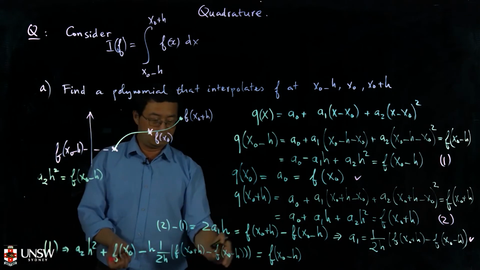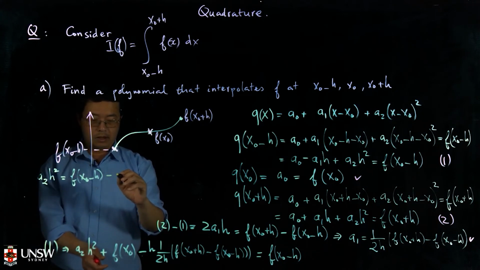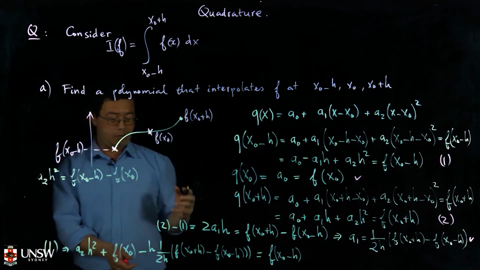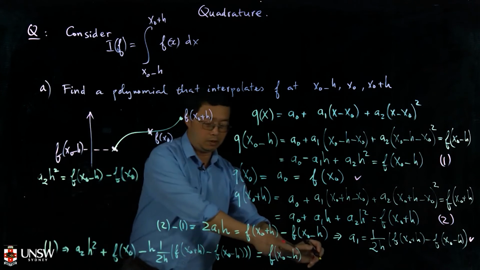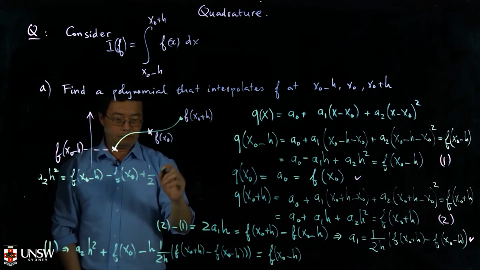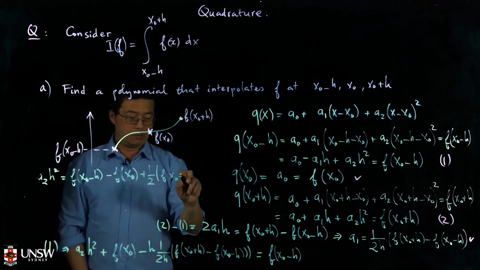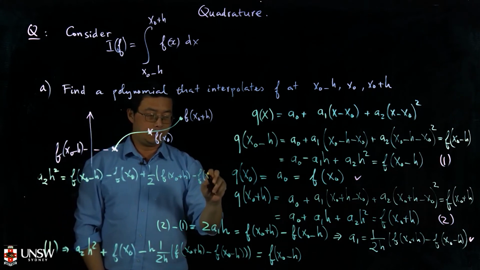Then I move this one to the left, so it will be minus f(x0), and this one move to the right, so it becomes a plus 1/2 of f(x0 plus h) minus f(x0 minus h).